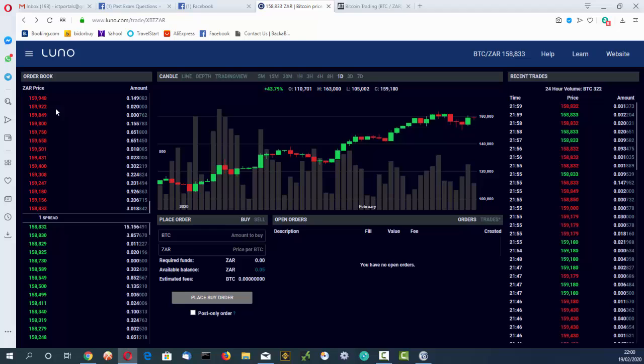But if you are the type that just comes to the market and grabs, let's say somebody wants to sell at 158, you just click on it and quickly buy, then you are a market taker. Then you pay 1% charge of the trading volume you did. So let it be at the back of your mind that for you to trade free on Luno, you must be a market maker.